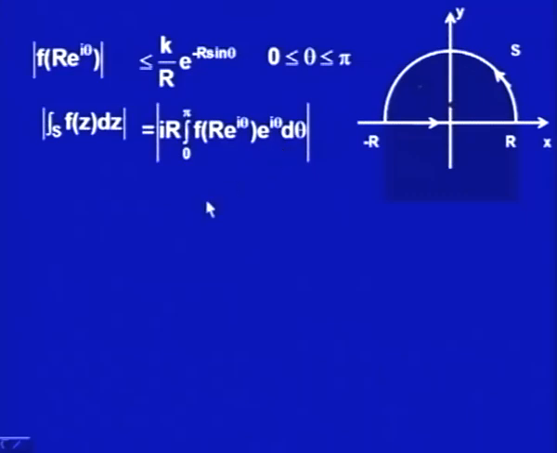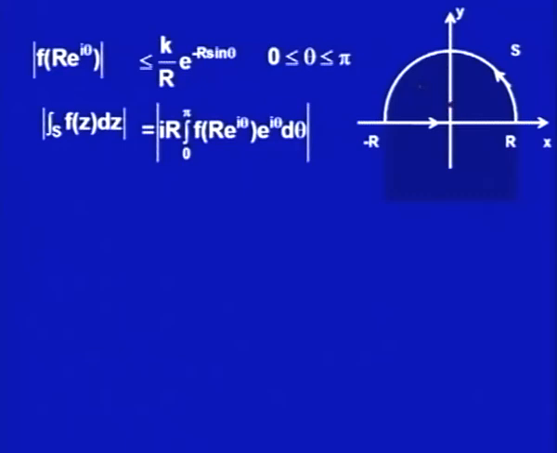We would be using another inequality on the line integral, which says that the absolute value of the integral along a line of f z d z is always less than or equal to the integral along the line of the absolute value of f t dt.